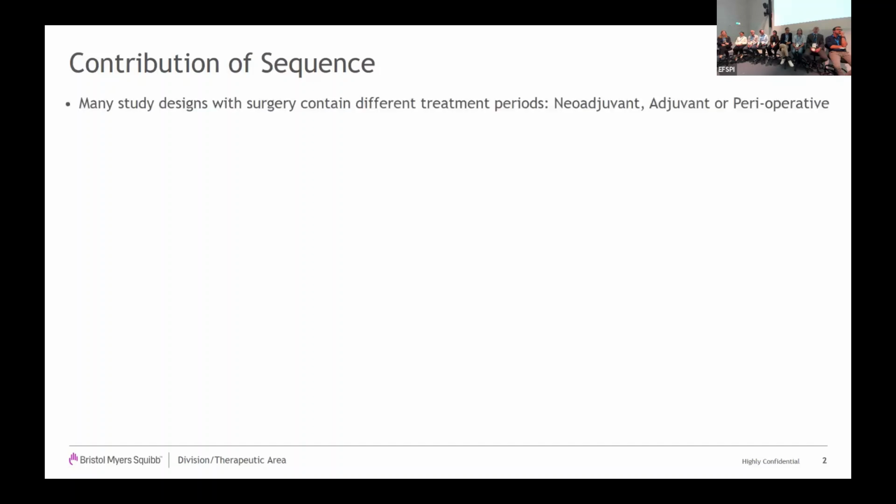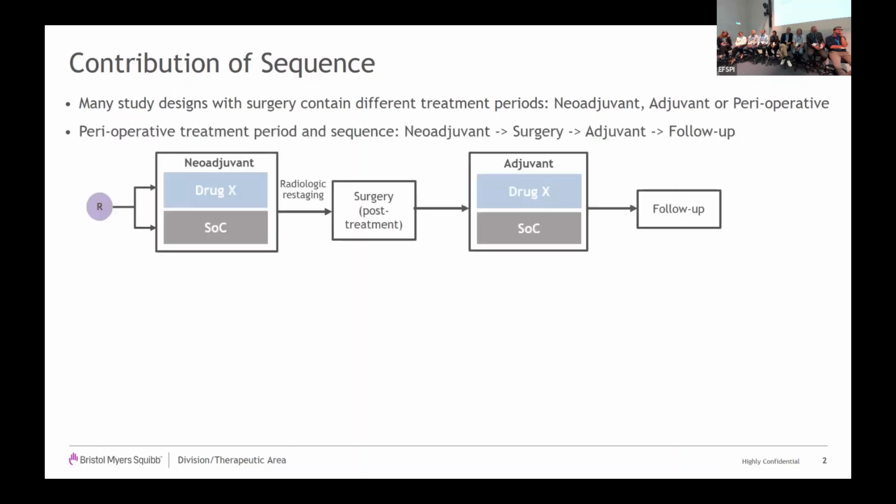So many oncology studies are designed involving surgery inside the design, and there are different treatment periods. The terms are very difficult to remember, such as neoadjuvant, adjuvant, or perioperative. But I can explain what these are.